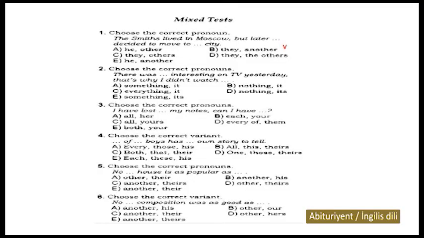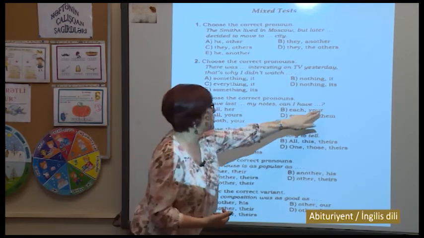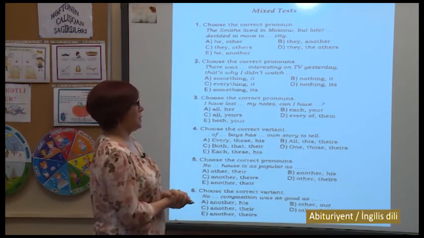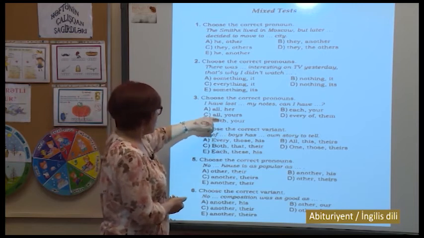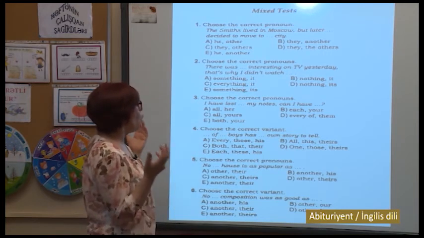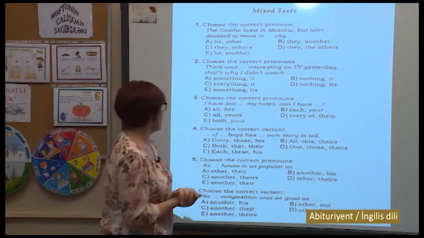We can't use of. We use each of, but every one of. And what about this one? Can I have her? Her can't be used here because her is a possessive pronoun which requires a noun after it, and there is no noun. A is incorrect as well. And what about C? I have lost all my notes. Can I have yours? It means, can I have your notes?